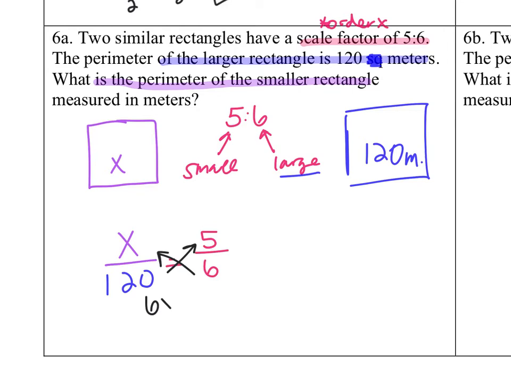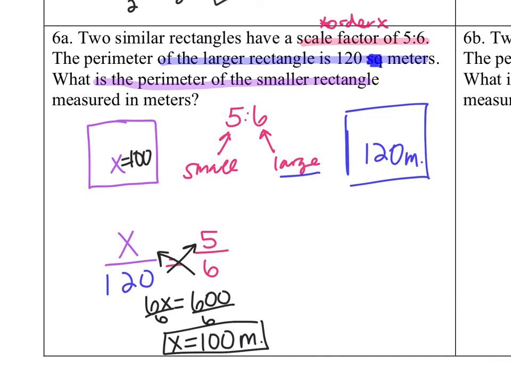So I have 6x equals 600. Okay, and then when we divide both sides by 6, x will equal a total of 100 meters. Okay, so the perimeter of our small rectangle is 100.